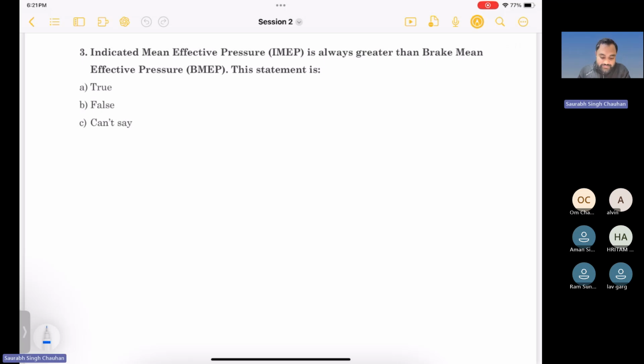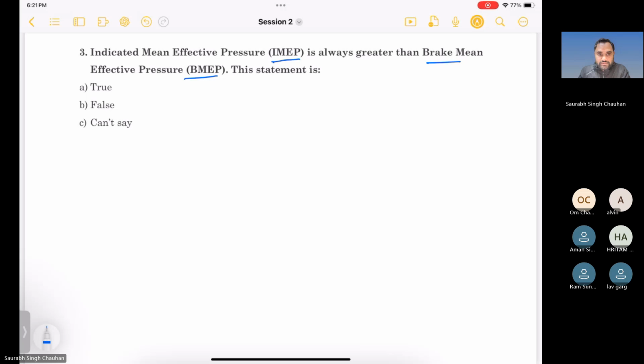This is question number 3, and it is saying that indicated mean effective pressure, or IMEP, is always greater than brake mean effective pressure, BMEP. We have to tell whether this statement is true or false, or we cannot say.